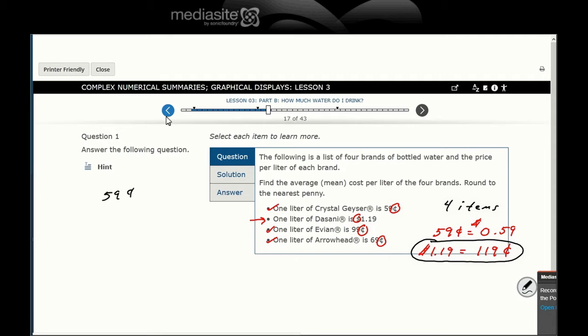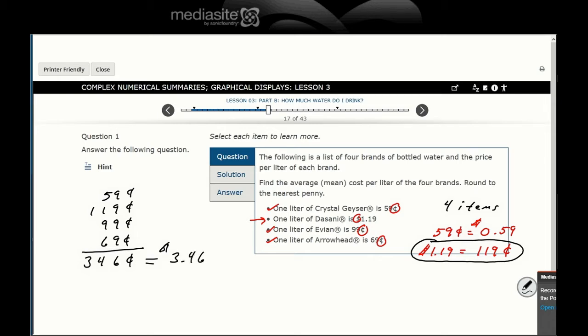So 59 cents plus 119 cents, 99 cents, and 69 cents. Why don't you go grab your calculator and add those up for me. Okay, now you should have gotten 346 cents, which equals $3.46.